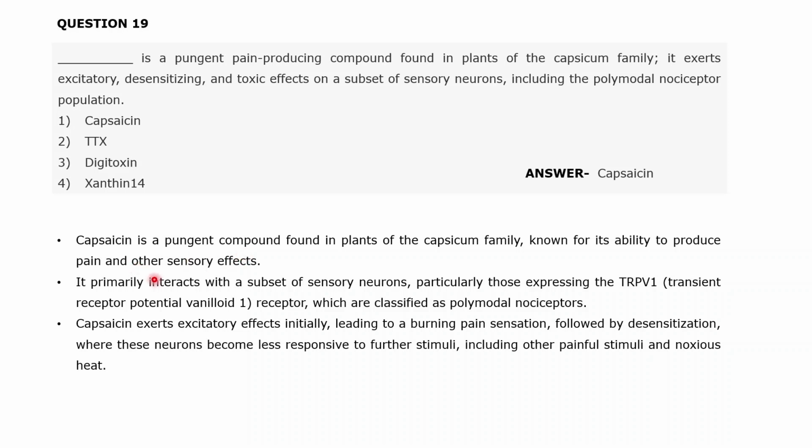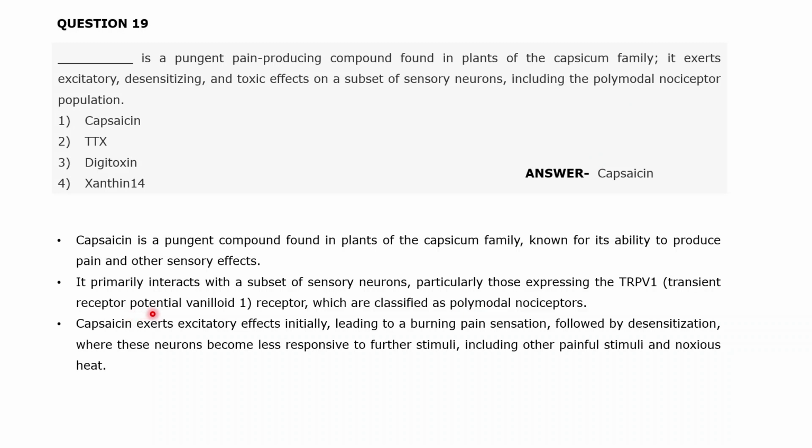And it primarily interacts with a subset of sensory neurons, particularly those expressing the transient receptor potential vanilloid 1, the TRPV1 receptor, which is classified as polymodal nociceptors.